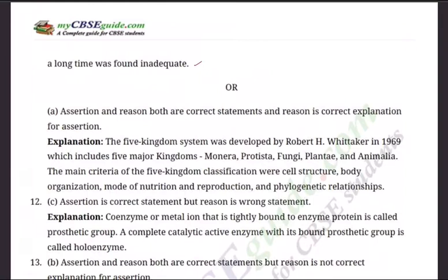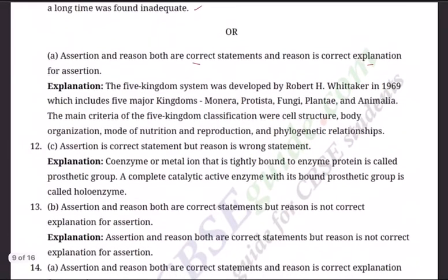And there is a choice, and the choice is the five kingdom classification, which includes Monera, Protista, Fungi, Plantae and Animalia. Reason: they have different cell structure, thallus organization, mode of nutrition, and phylogenetic relationships. So the answer is A. Assertion and reason both are correct, and reason is the correct explanation of assertion.